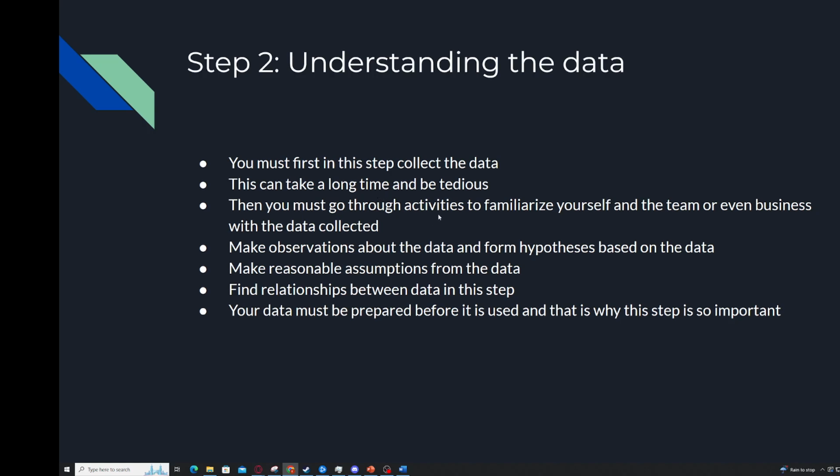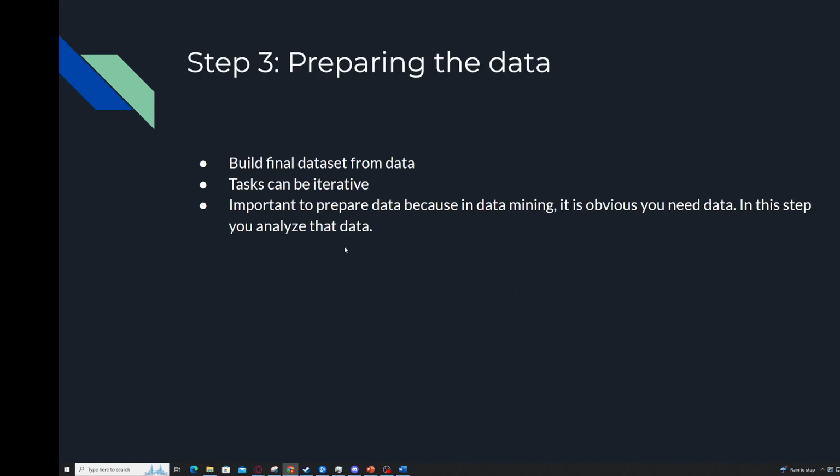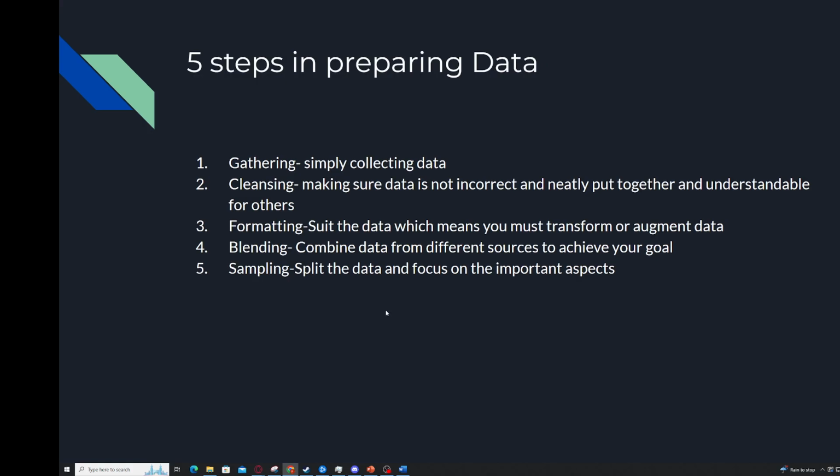Step 3: preparing the data. For step 3, you have to build the final data set from the data you gathered. The task can be iterative. It is important to prepare the data because in data mining, it is obvious you need data. In this step, you just analyze the data. There are 5 steps in preparing the data. First, you gather.